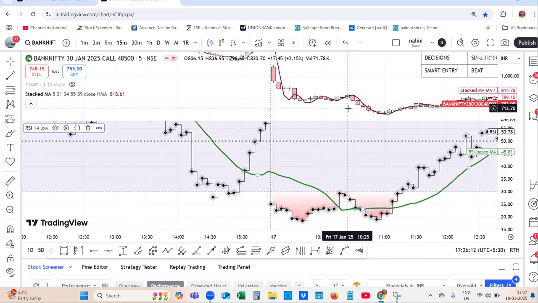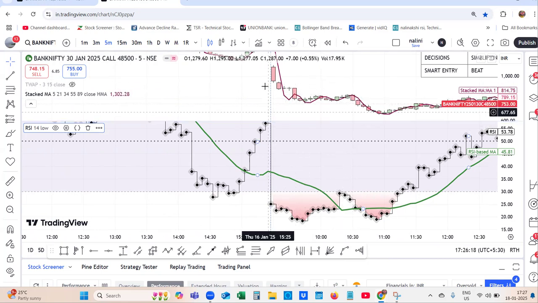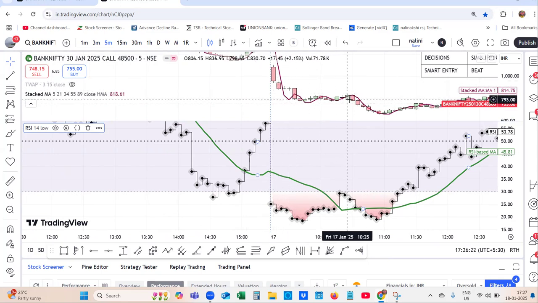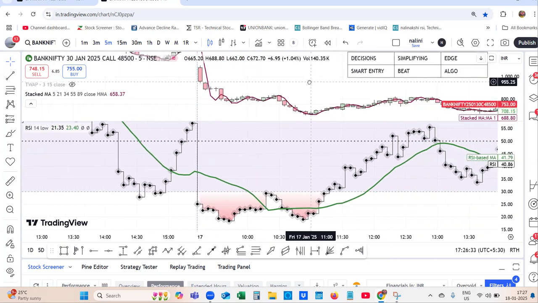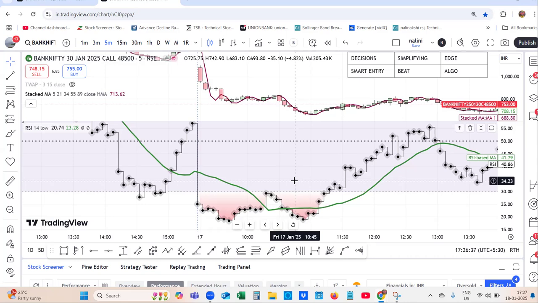Why is it a very good indicator? Because it calculates the strength in the market, whether the sellers are dominant or the buyers are dominant. So it calculates and gives you readings which make it a little easier for you to judge what is happening.